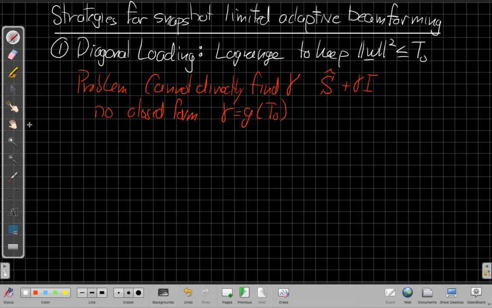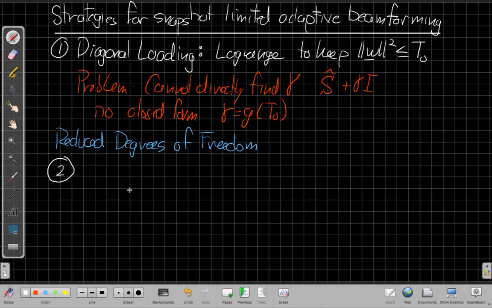The second and third algorithms are strategies, maybe even more than algorithms, that have a common feature: they're both about reduced degrees of freedom. Since I have a limited amount of data, I'm going to find a way to structure the beamformer to reduce the amount of information I need to pull out of those K snapshots.